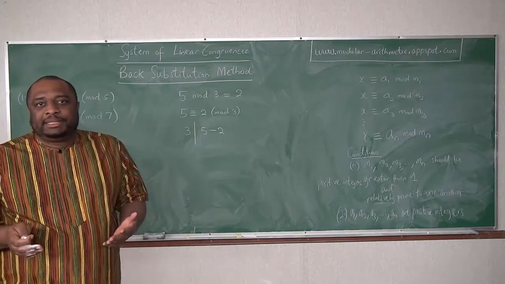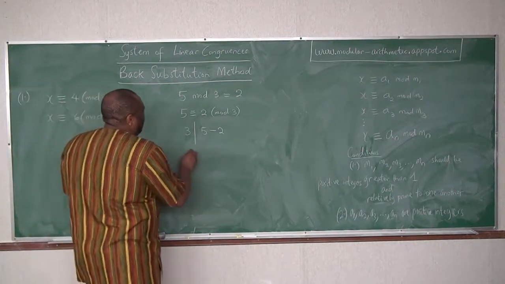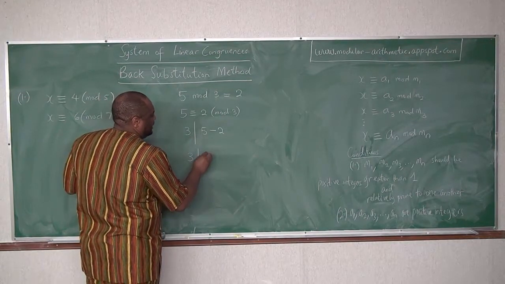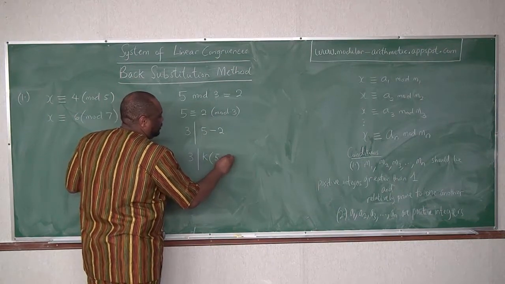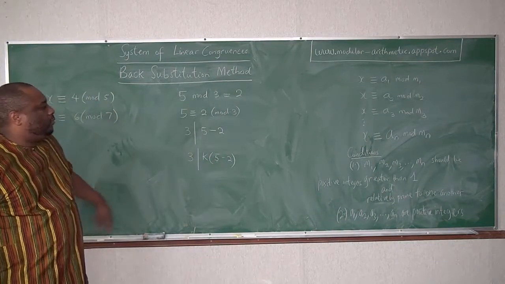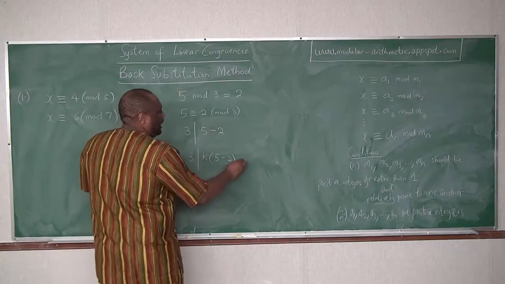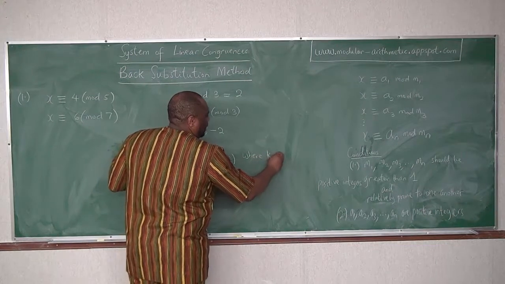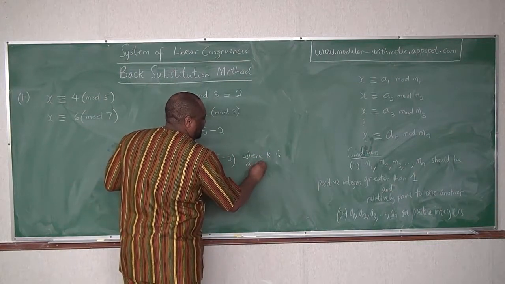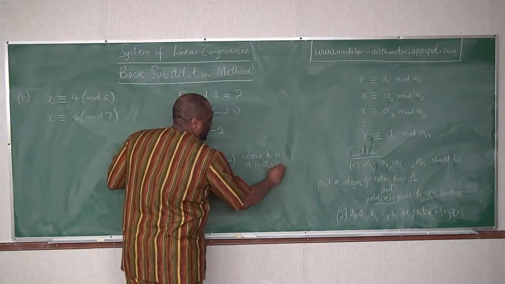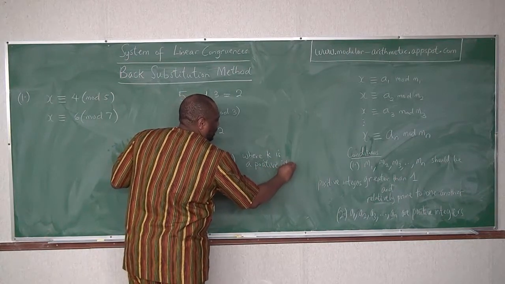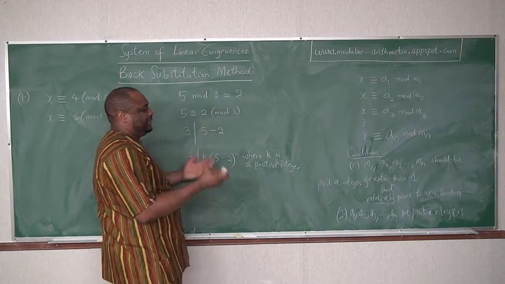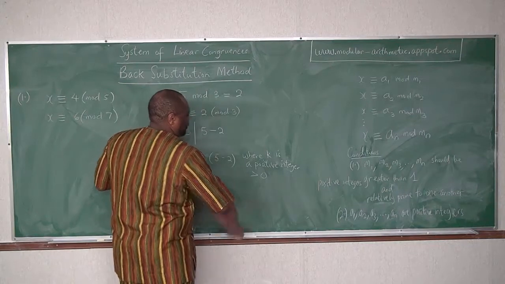It also means that 3 can divide any integer k times 5 minus 2, where k is a positive integer, I would say greater than 0.